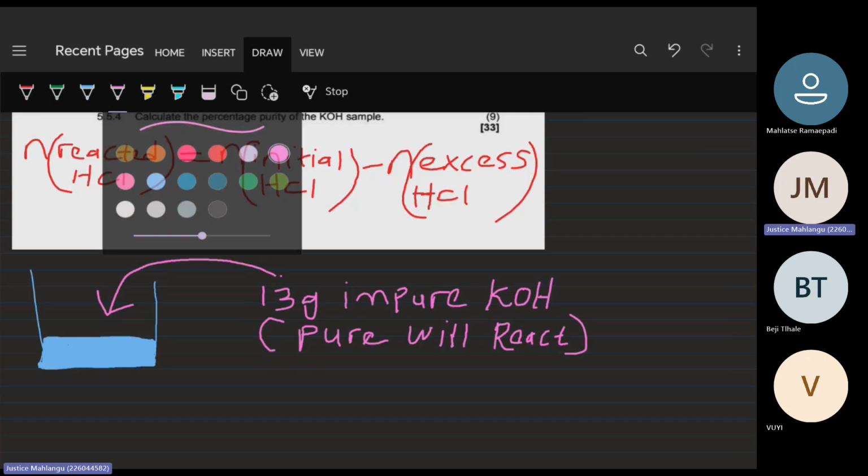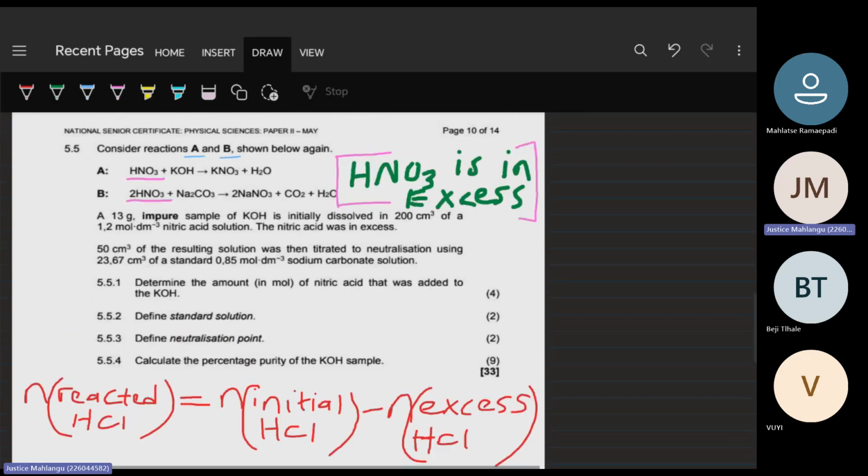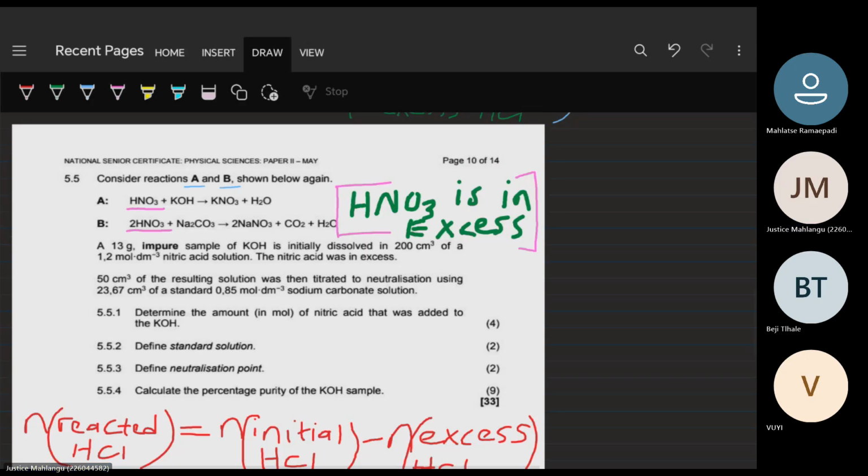So we're adding this amount here: 13 gram of impure potassium hydroxide. That's what we're adding there. And then what else are they telling us?